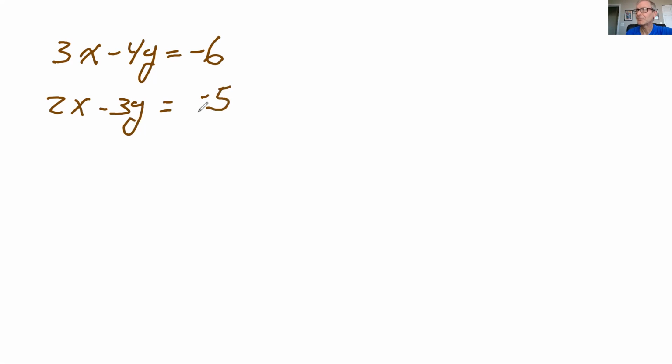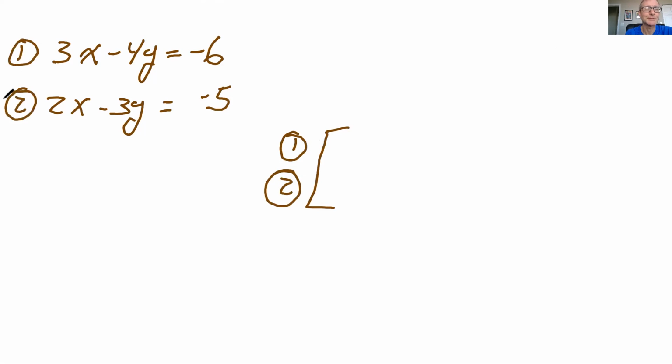So what we're going to do is generate this idea of an augmented matrix. And the idea is that we'll have the rows as the equations. So the top one should be equation 1, right? Top one's equation 1, bottom one's equation 2.